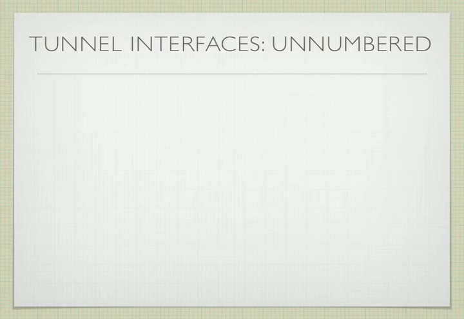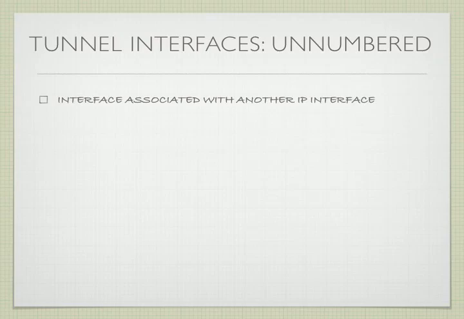With unnumbered tunnels, you don't have to create a subnet for them, and they can just be attached to an interface. They will be associated with an interface that has its own IP address. No address translation will be able to be used when you have an unnumbered interface, and obviously if they're unnumbered, they don't need to be configured in the same subnet with each other.